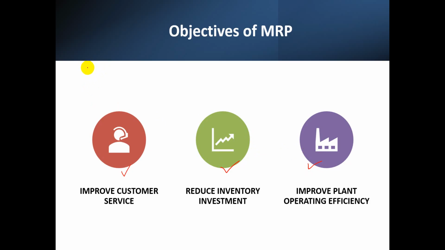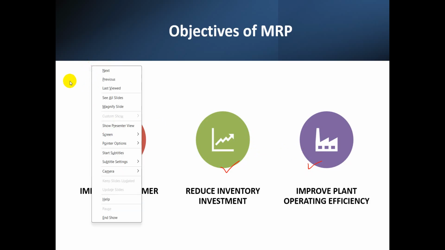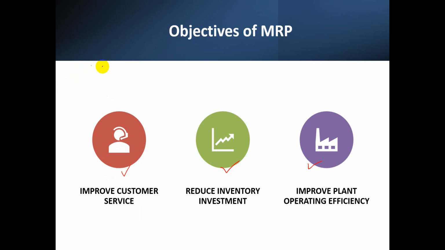Unless the manufacturing company plans properly, he won't get the material in time. So that's how MRP gives proper transparency: when the material is required and what is the status of the current motor, generator or other product project.